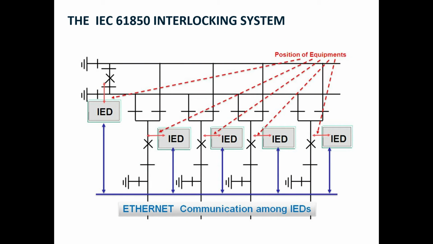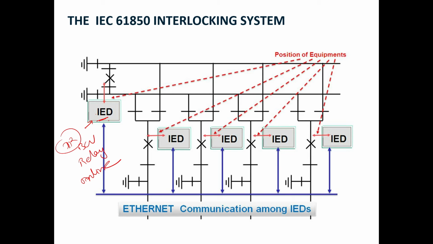In the case of the 61850 standard, how can you implement the interlocking system? You have some IEDs. IED means intelligent electronic devices, which may be your BCU, your relay, online DGA devices, an online drying out system, anything, or your standalone DRs.